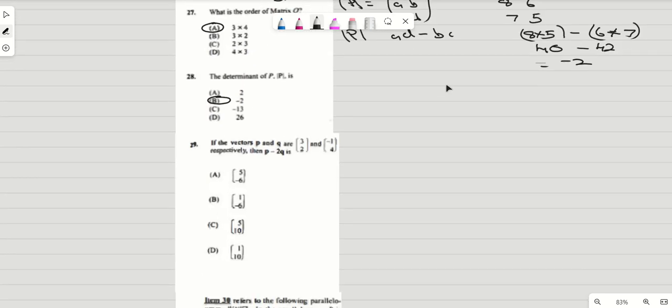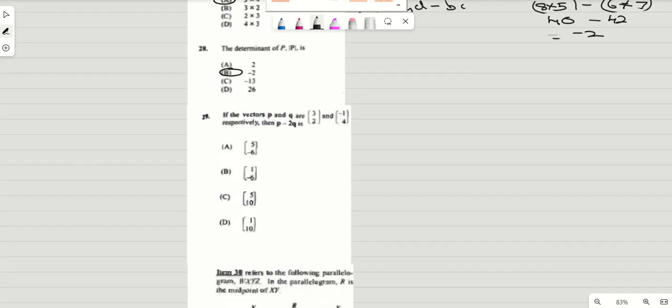Alright, let's look at number 29. Number 29 says if vector P and Q is 3, 2, and minus 1, 4, respectively, then what is P minus 2Q? I think we did this one already. Anyway, let's do it. So we know P is equal to 3, 2, and Q is equal to minus 1, 4, right?